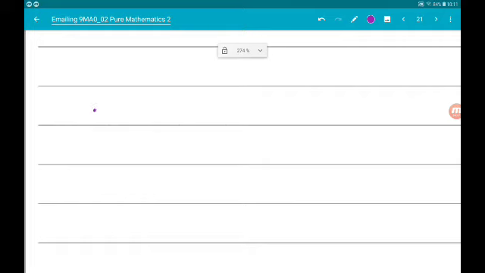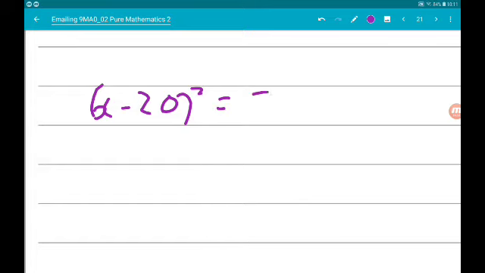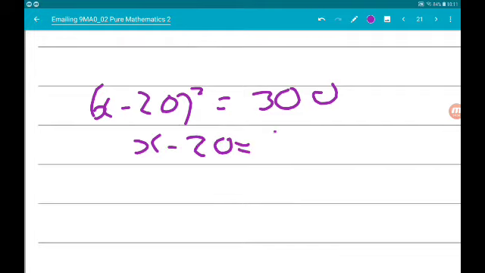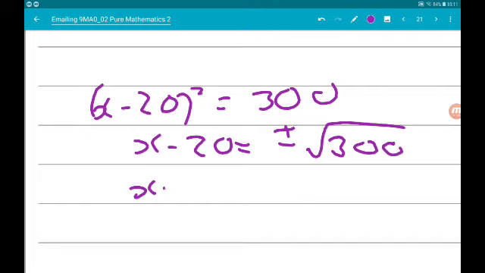So if x minus 20 squared is equal to 300, square root, x minus 20 is equal to plus or minus root 300. Add the 20, x is 20, add or minus root 300.